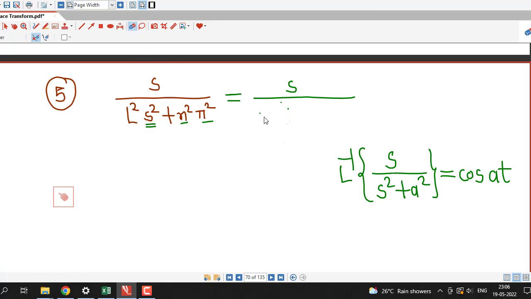So we first write this as s square plus n square pi square divided by L square.